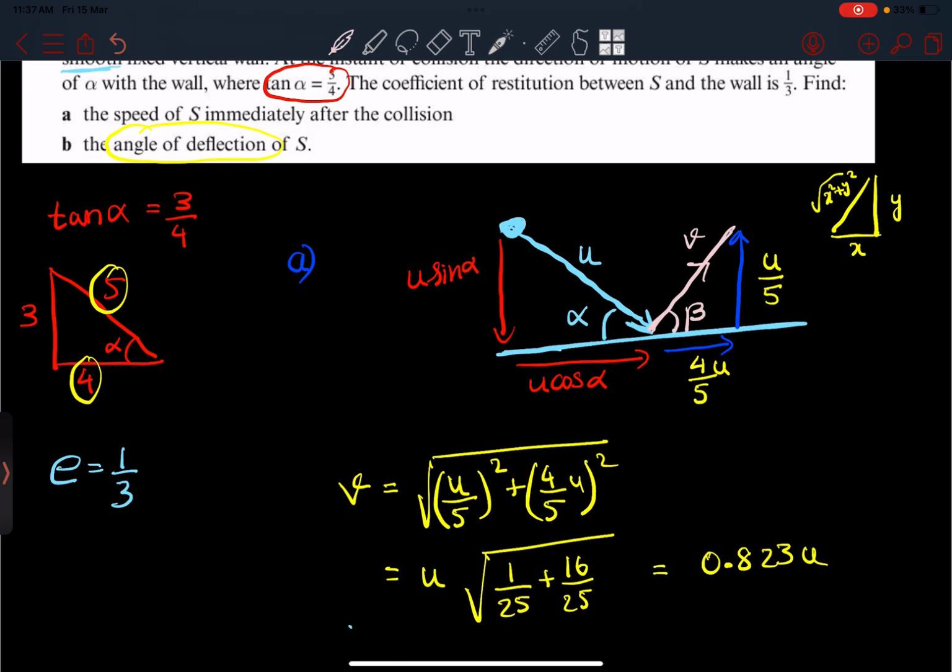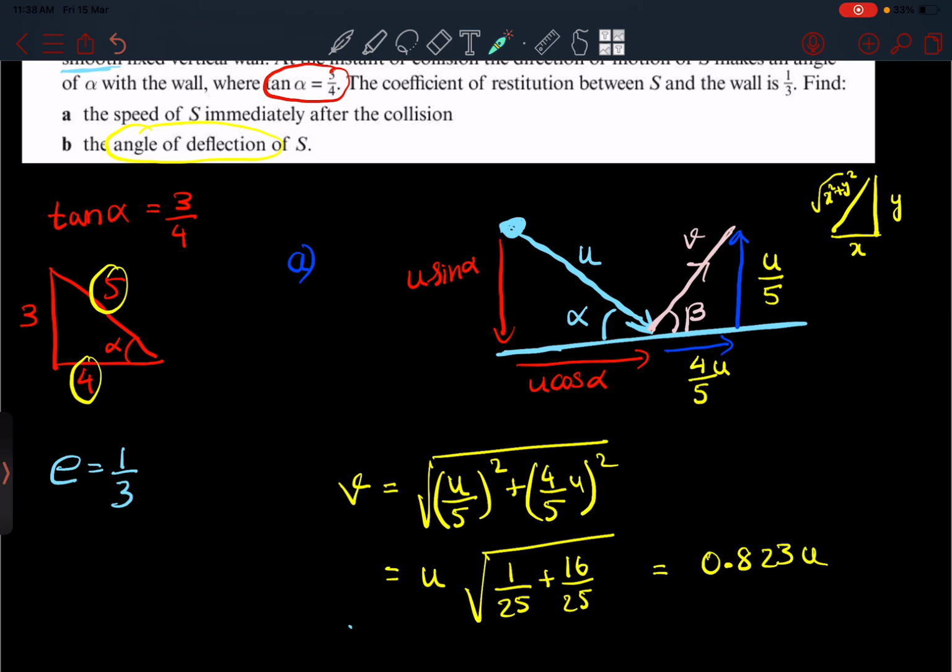So the total angle that I have changed my path through is alpha plus beta, and that is called the angle of deflection. So the total angle that I've entirely changed is alpha plus beta.